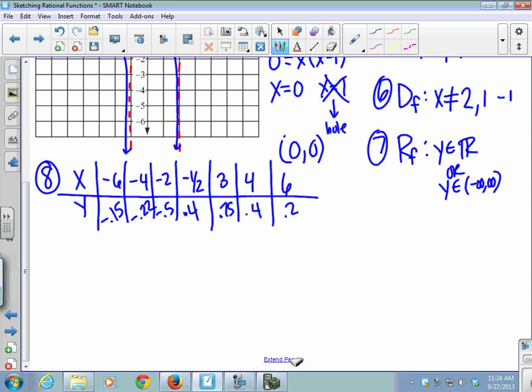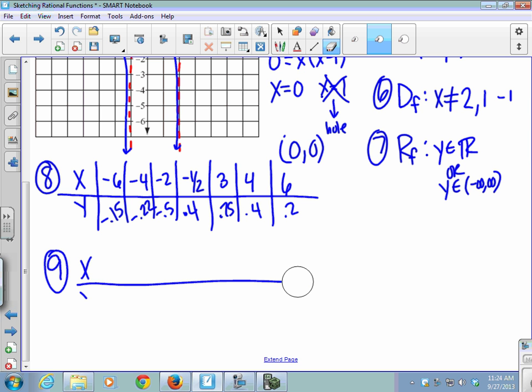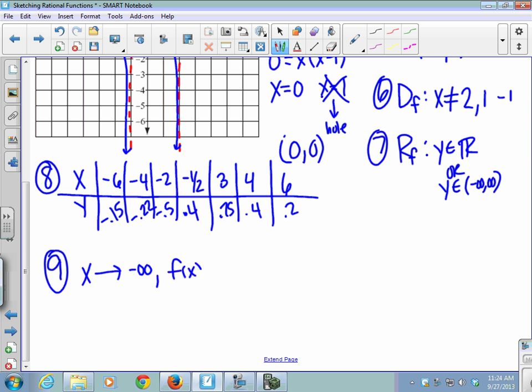And so then the last thing I need to find on this one, which is number 9, because we forgot our slant asymptote, is end behavior. As x approaches negative infinity, f of x approaches, fill in the blank. As x approaches positive infinity, f of x approaches, fill in the blank.